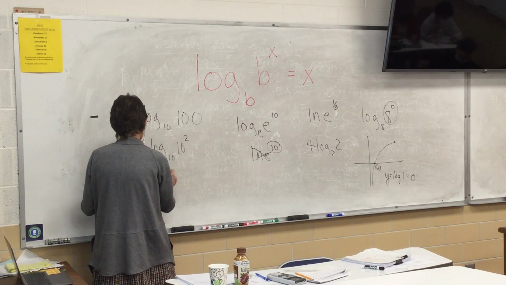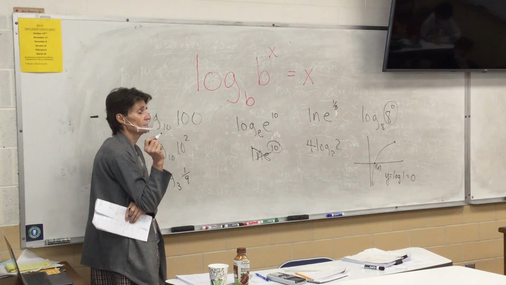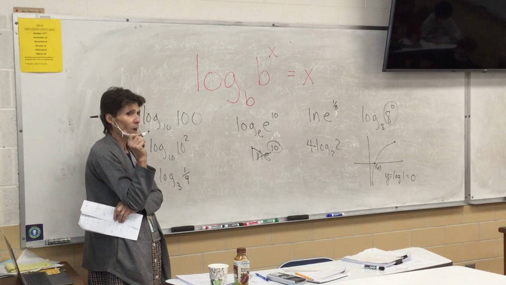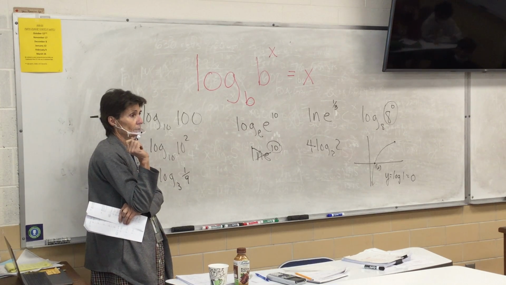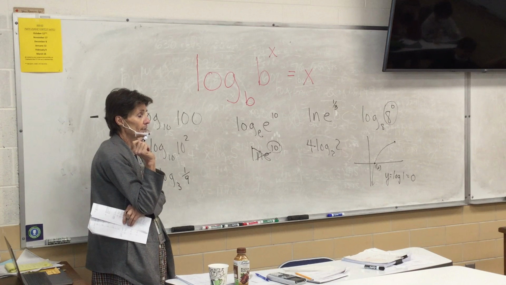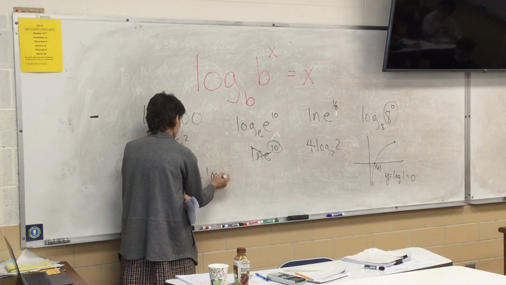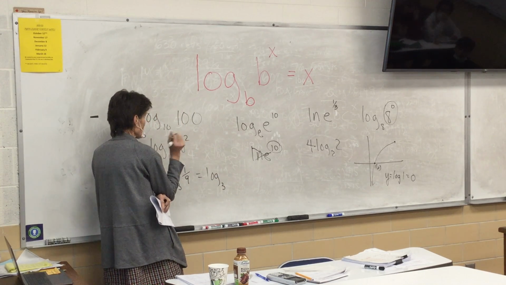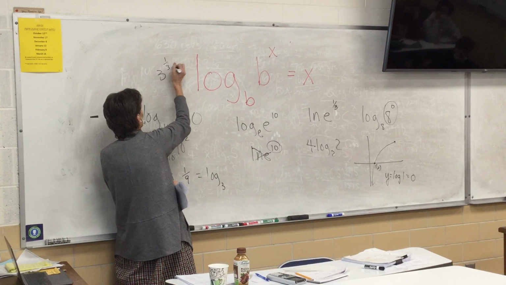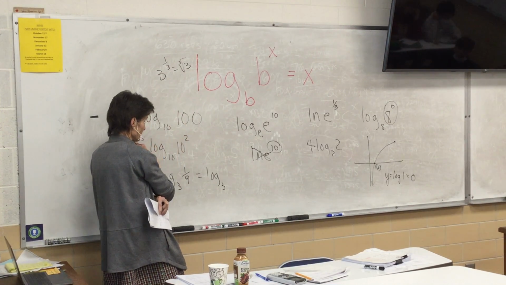Okay, what about this one? The log base 3 of 1/9. Is 1/9 a power of 3? Yeah? What power of 3 would it be? No, it's not 1/3. 3 to the 1/3 would be the cube root of 3. That's not what we want.